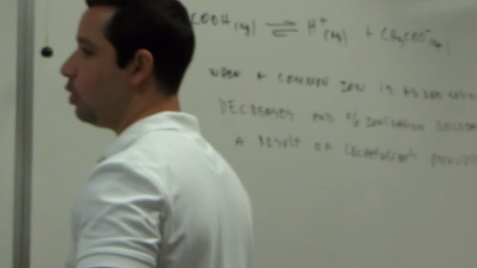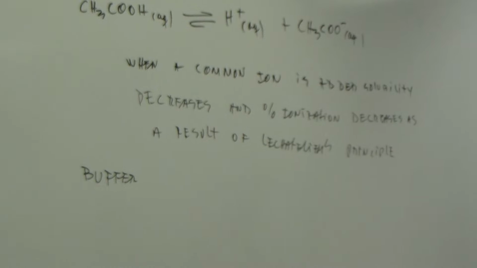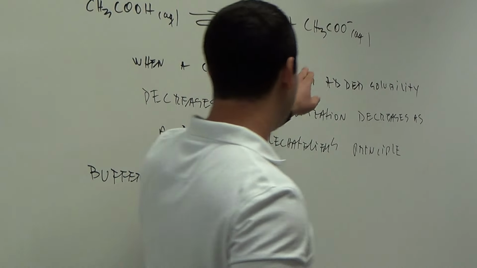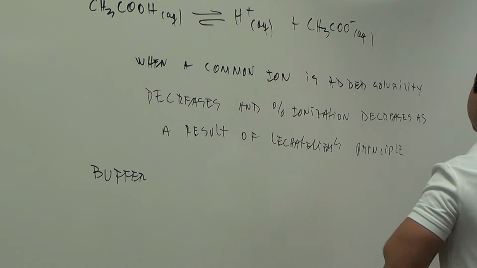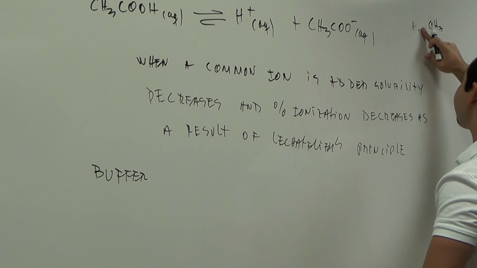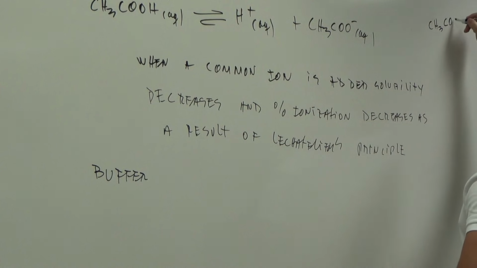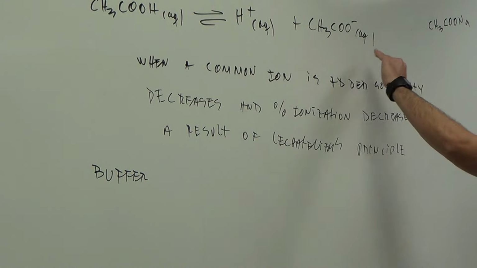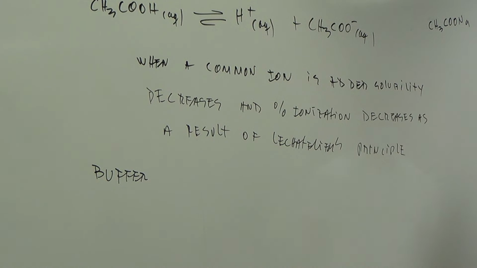So let's say I have a solution of this, and I add sodium acetate to this solution. I have this equilibrium, and I add sodium acetate. What am I adding?